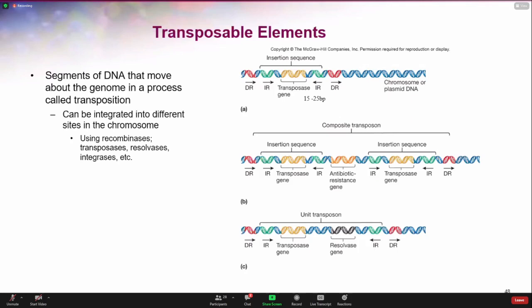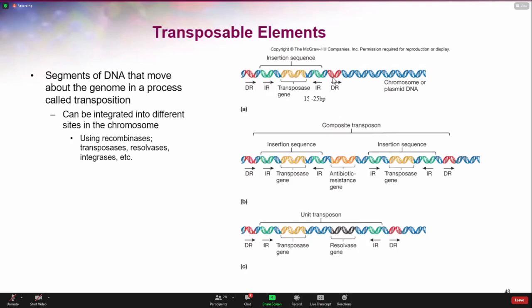DNA. All right, and this insertion sequence has on either end what we refer to as inverted repeats. And we talked about what inverted repeats are. There are sequences that can be present on both DNA strands, right? And they read the same from 5' to 3' direction. So you can have inverted repeats on either side of those transposase genes. And then outside of that are direct repeats.